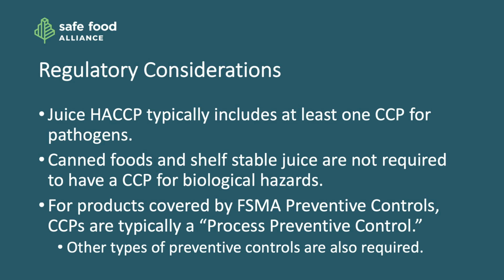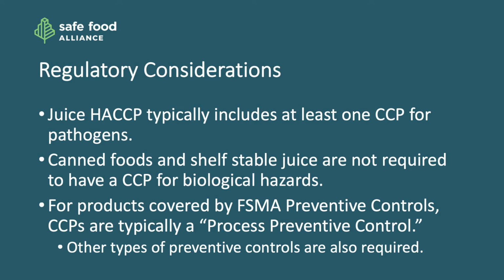Some examples here, when we talk about juice HACCP, that regulation includes at least one CCP needed for those type of operation, and that is for the reduction of vegetative pathogens. Okay, doesn't say they have to have metal detection, doesn't say they have to have physical hazard control. According to FDA in that regulation, they say if you're processing juice, you have to have a valid pasteurization or kill step for pathogenic organisms.